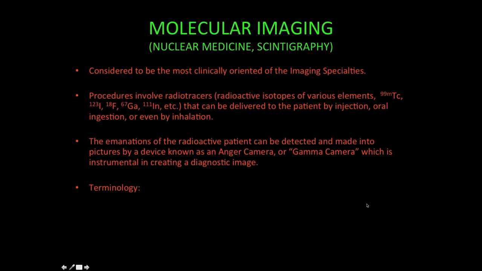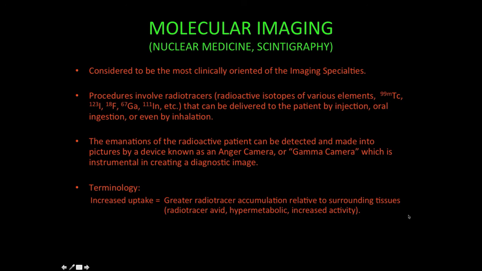So, how do we describe the findings in molecular imaging or nuclear medicine? Essentially, the lesion or the finding either has increased uptake, which means there's greater radiotracer accumulation in that area relative to the surrounding tissues, sometimes described as the lesion being radiotracer avid, or it may be hypermetabolic, depending on the study that's being done.